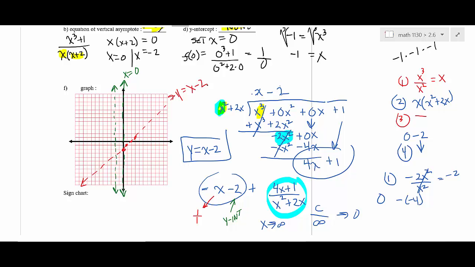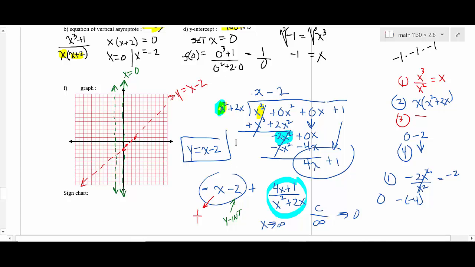But if you have an oblique or a slant asymptote, it's going to go along and get close to it, and it's either going to be above that line or below it. Then if you go over here, same thing: you're either going to end up going below or above. That's what we're going to try to figure out without a calculator, basically by doing a sign chart.